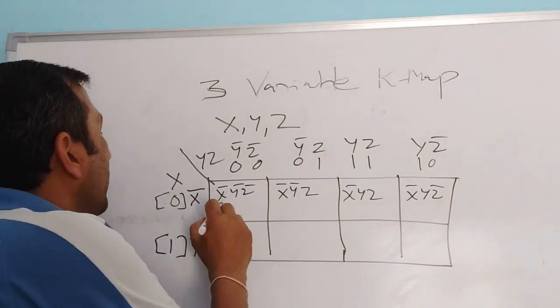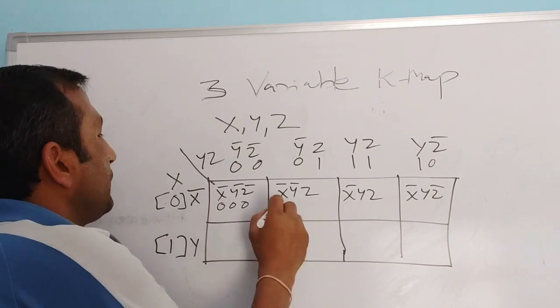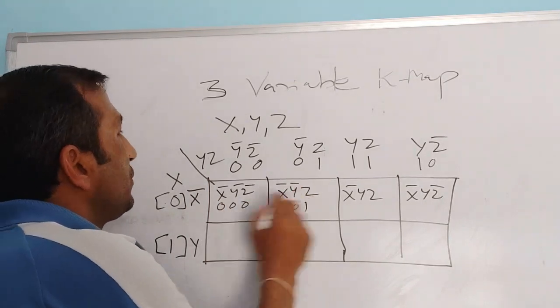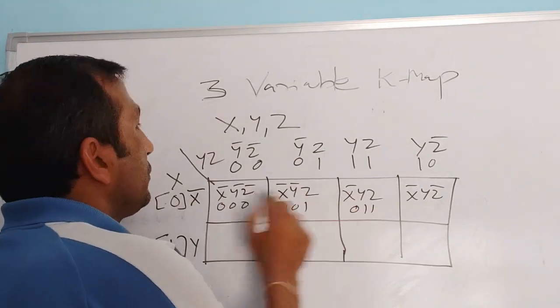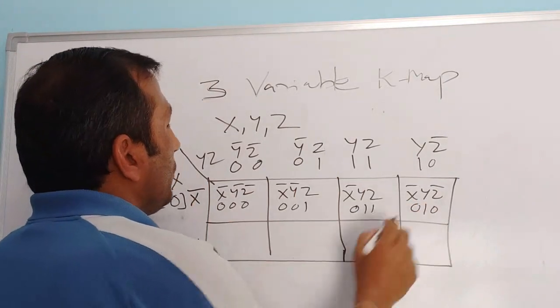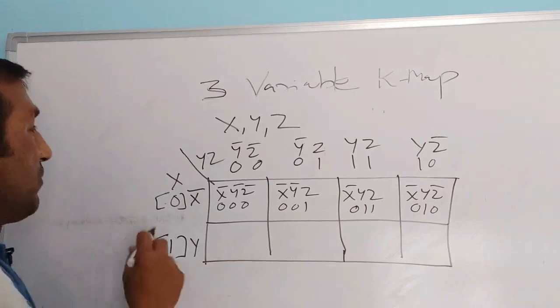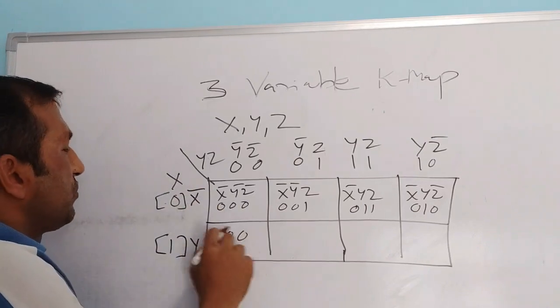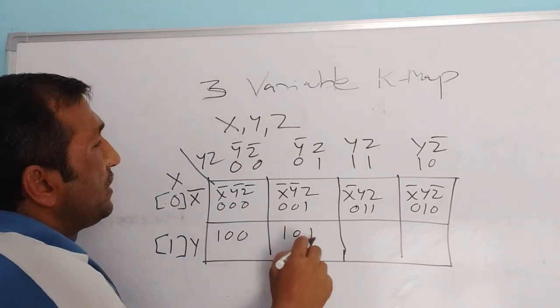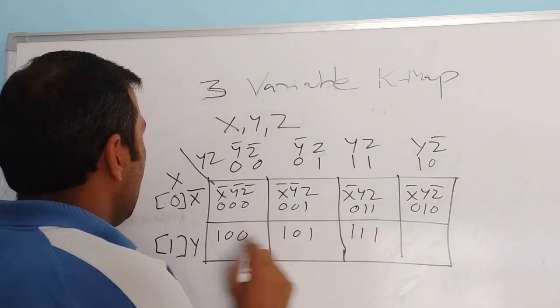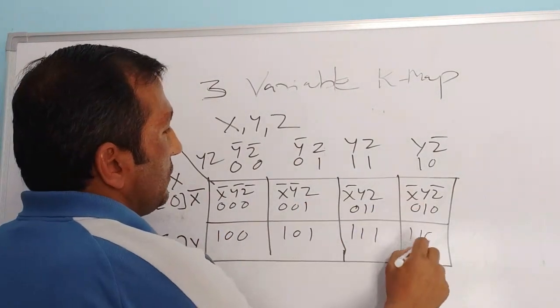Now quickly go down and write down 0, 0, 0, 0, 0, 1, 0, 1, 1, and 0, 1, 0. Okay, so in the second row I am not doing, I think you are well aware of this. It is 1, 0, 0, then 1, 0, 1, and then 1, 1, 1, and then it is 1, 1, 0.